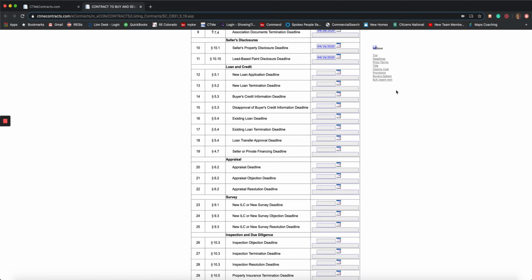Seller's property disclosure is pretty much always a must. Lead-based paint disclosure, remember, 1978 or older is required. Again, if it's a 1978 home, make sure that you are having that conversation with your buyers. The last thing you want to do is have your buyers go out, take a look, and want to write an offer on a 1964 built home, and they have no idea about lead-based paint.